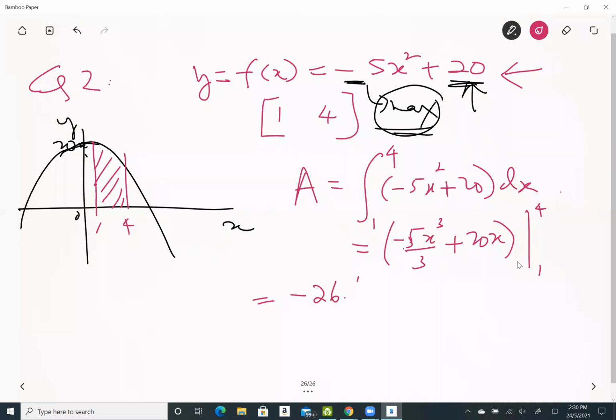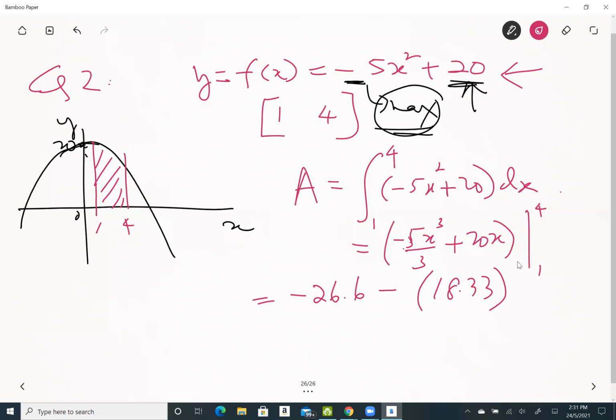Negative 26.6. You will take away at 1, what is the value? 18.33. So you have a negative value. So the value is negative.